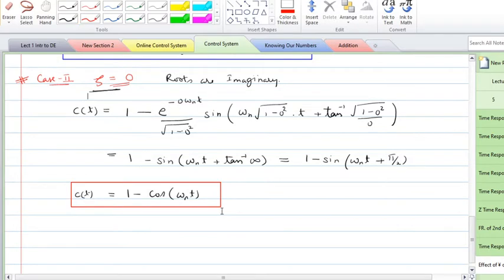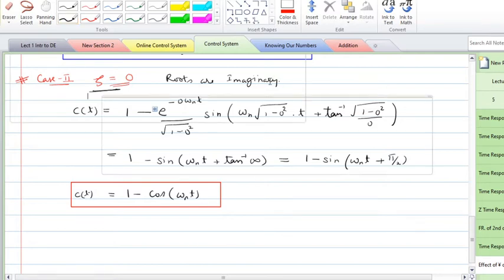So here you can see that this is a sinusoidal response and it consists of continuous oscillations, and it looks like this.